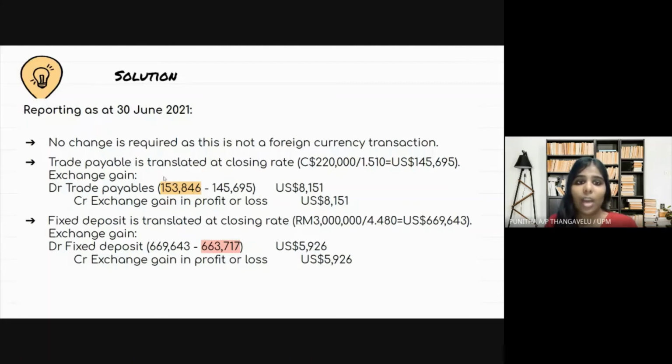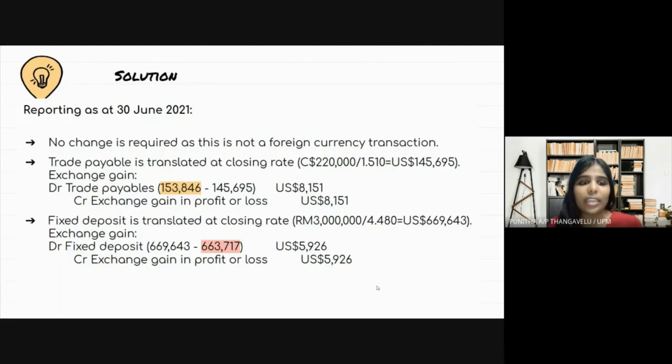This highlighted amount is translated using the rate at the date of transaction, and this amount is translated using the closing rate. So the difference between these two gives the exchange gain, which is 8,151 US dollar.